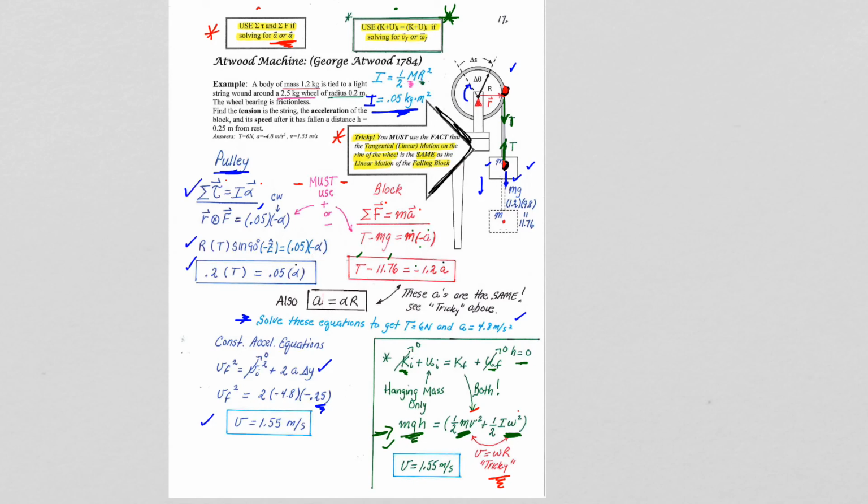Use them both to problem solve the problem and make sure that you get that A equals alpha r into your analysis as well to help you problem solve if they're linked together by this string. So I realize it looks like a lot is going on and more is definitely going on, but I think our new equations and our new understanding of rotations make this all very possible.